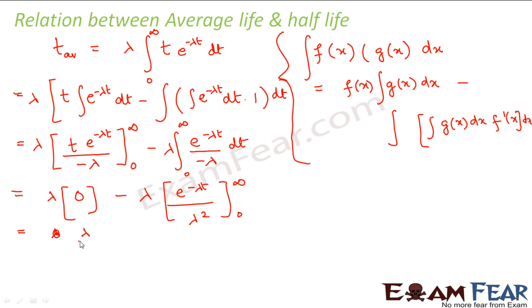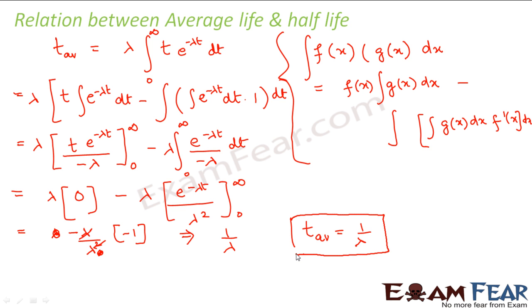So this becomes lambda by lambda square. E to the power infinity will again be 0, minus e to the power 0 would be 1. So this will be minus 1. So this lambda and this lambda will cancel out. So you get this as 1 by lambda. So we see that the average life of a radioactive sample comes out to be 1 by lambda.